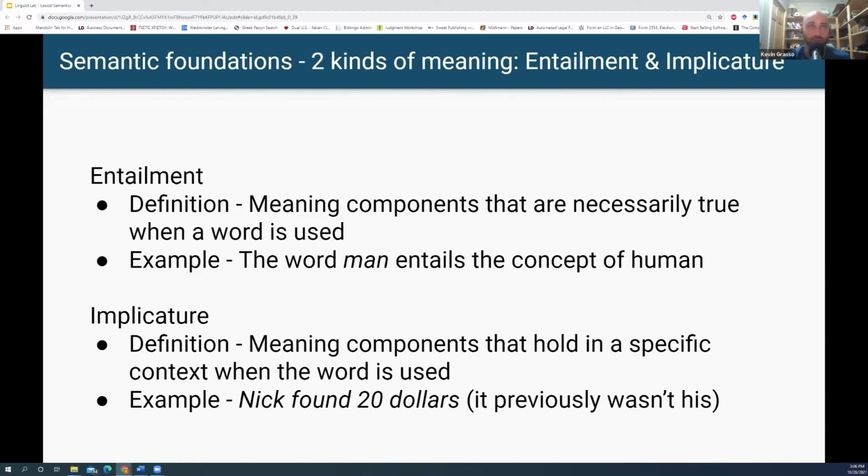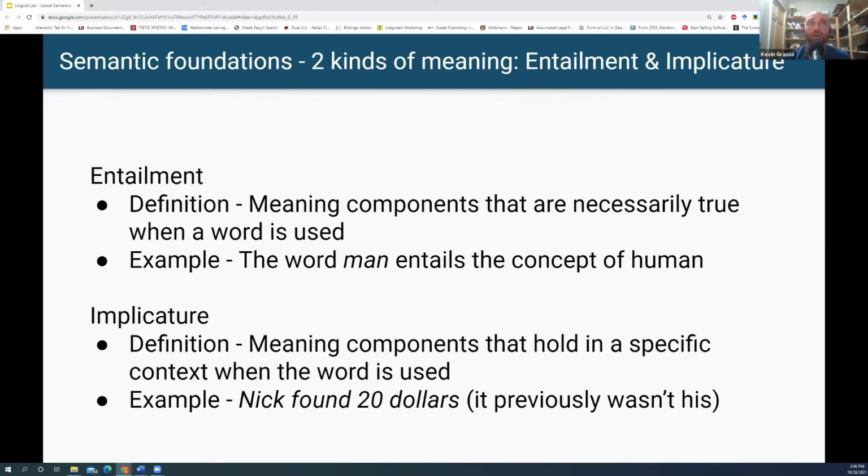They're just foundational concepts. So the first one, very broadly speaking, people distinguish between two kinds of meaning, and one kind of meaning is often associated with the field of semantics. The other kind of meaning is often associated with the field of pragmatics.